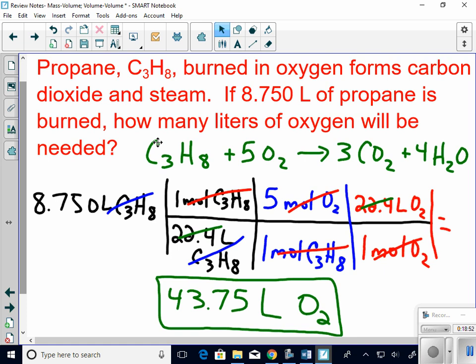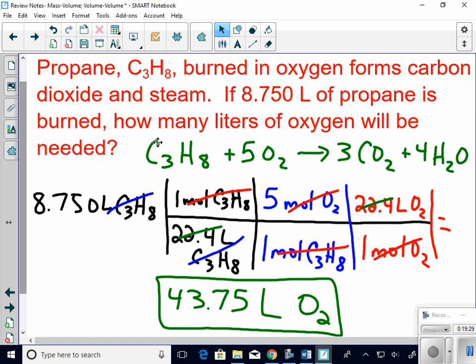So I guess, ladies and gentlemen, let's go back and let's talk a little bit and see what exactly this is telling me. Well, it tells me that if I have 8.750 liters of propane, I need 43.75 liters of oxygen to react 100% with that 8.750.